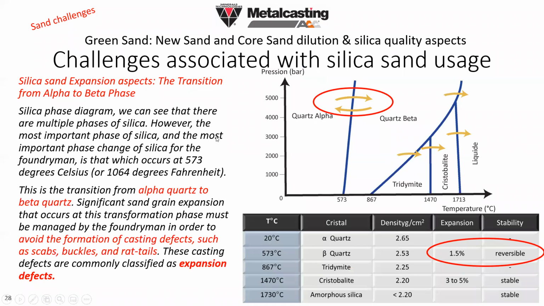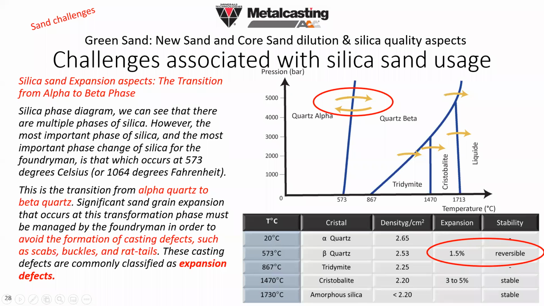What is interesting for us as foundrymen for green sand is this zone, where you change the quartz phase from alpha to beta. Why? Because this expansion is really huge, 1.5% in volume in 3 dimensions.